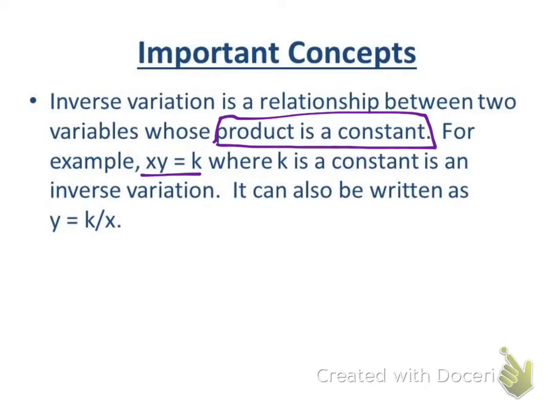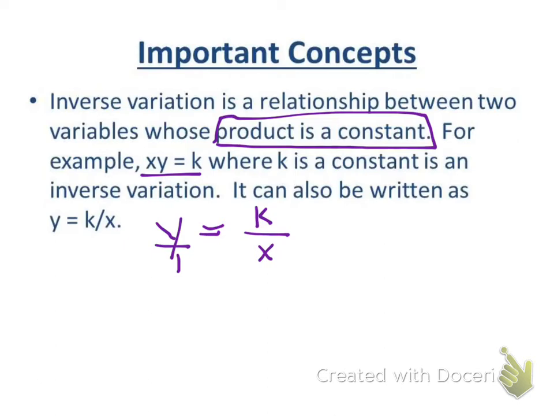It can also be written as y equals k divided by x, which I prefer. I really like writing my fractions in this form, k divided by x. And of course, if we cross multiplied this expression, we would get x times y equals k.